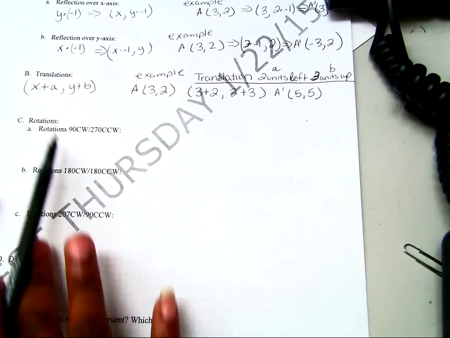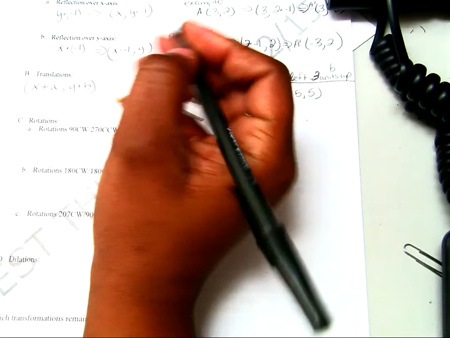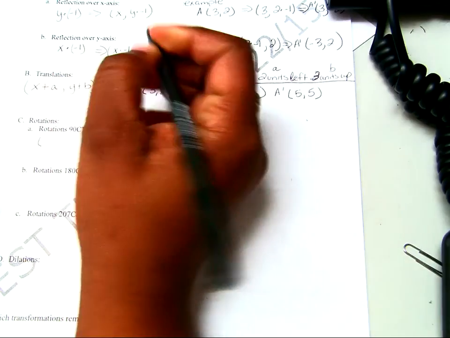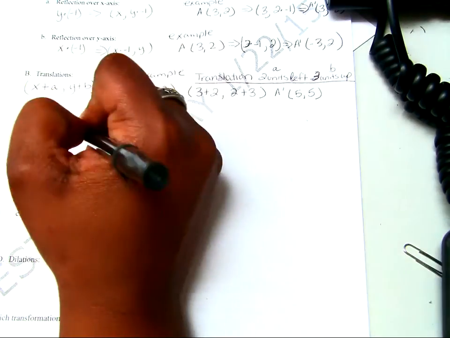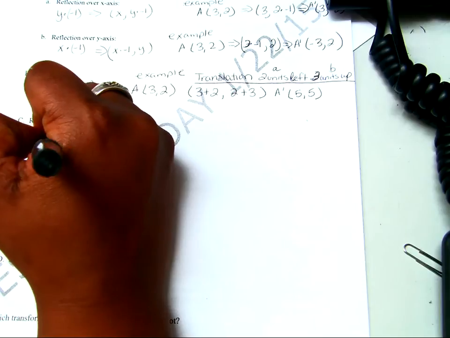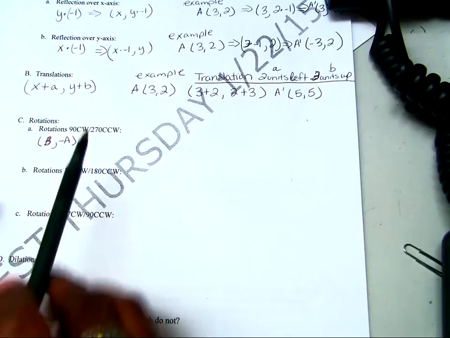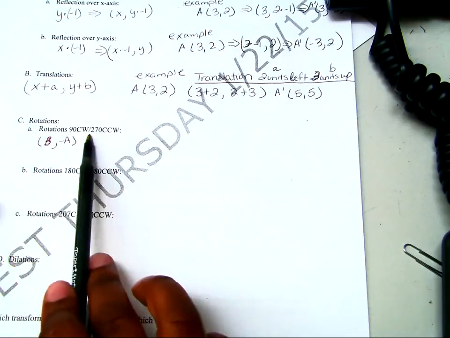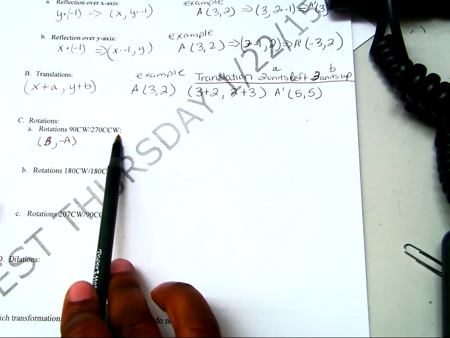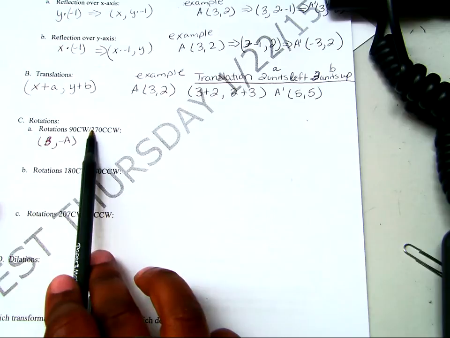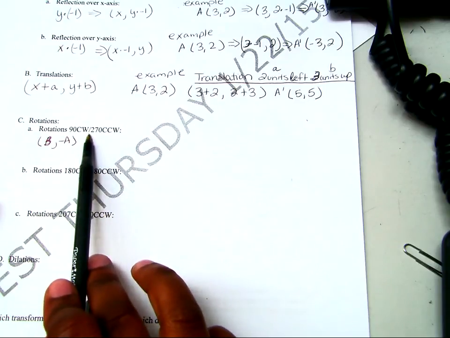Rotations. Rule is, if you're going 90 degrees clockwise, the rule is (b, -a). 90 degrees clockwise or 270 counterclockwise. This stands for OR, not divide. It stands for OR.